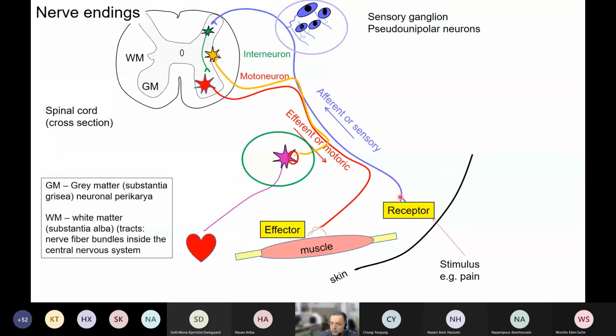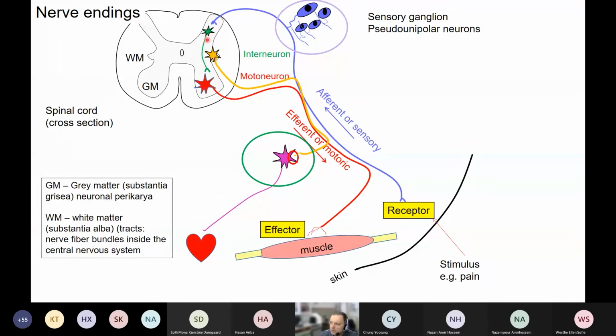This is what I will talk about tomorrow. Then the signal is picked up and transmitted through the peripheral process and then through the central process into the spinal cord, if it's about a spinal ganglion. And here you can see that this nerve fiber ends and gives the signal further to this interneuron.